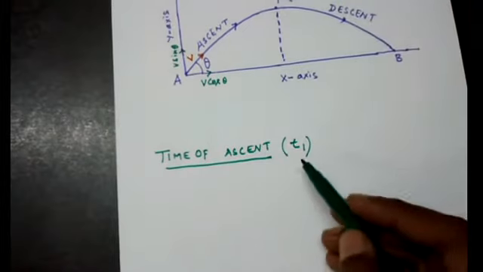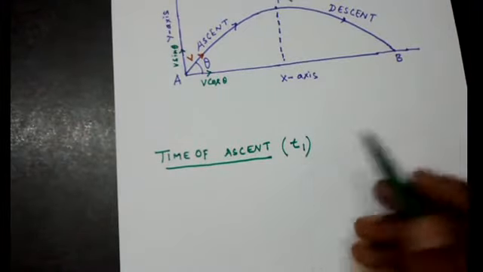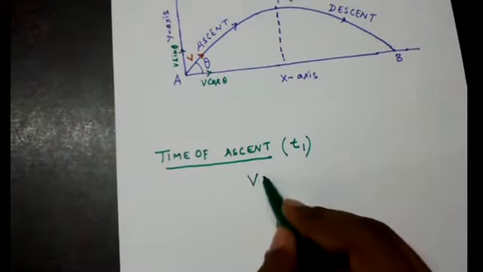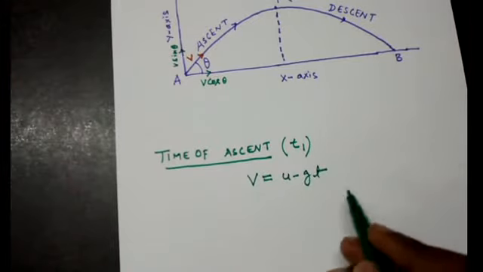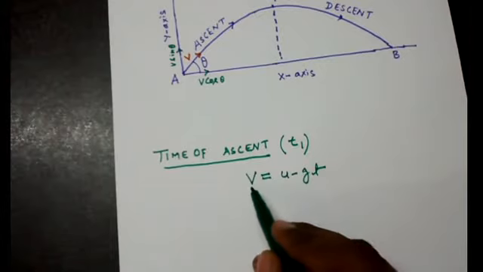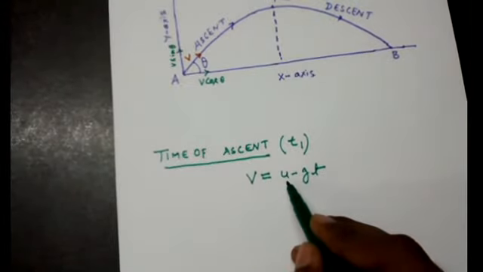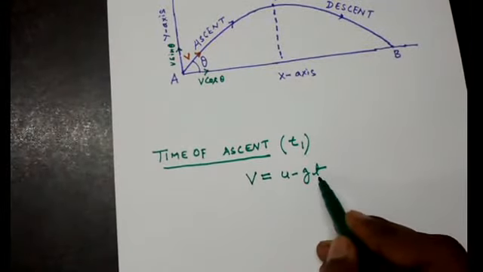So if the time taken is t1, let us use this formula, v is equal to u minus gt. Here v is the final velocity, u is the initial velocity, and t is the time taken.